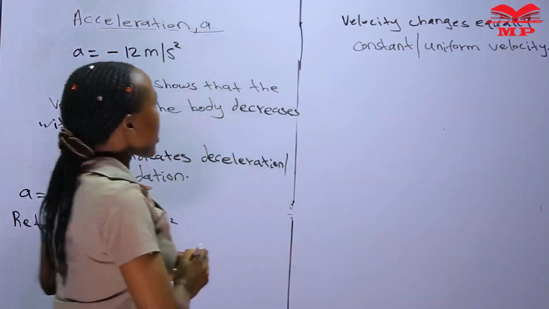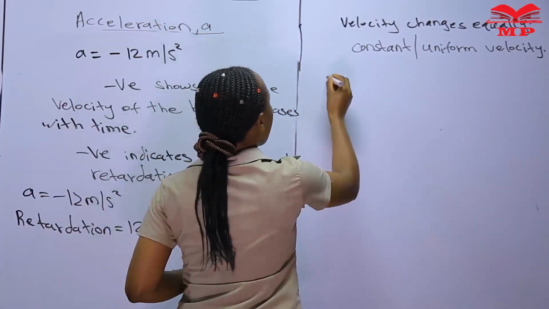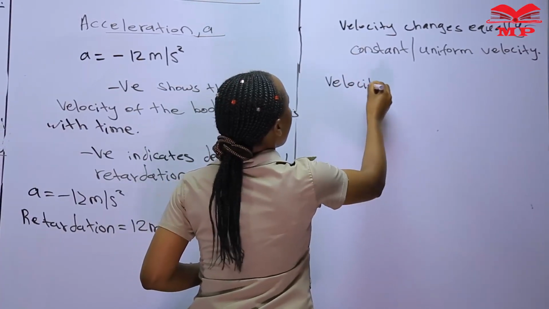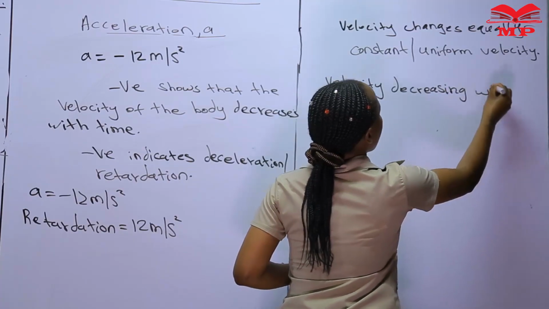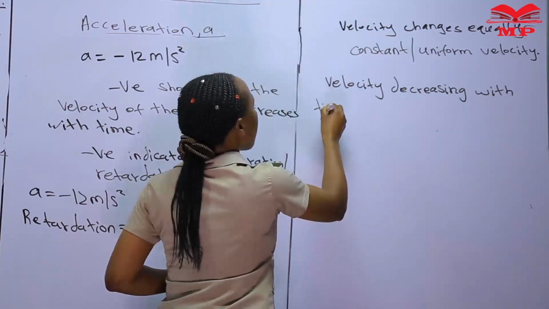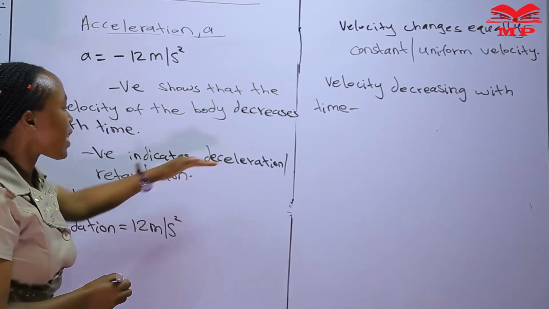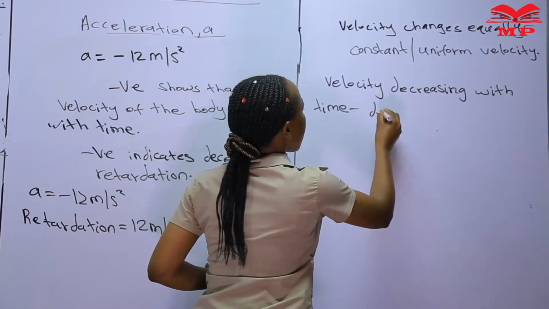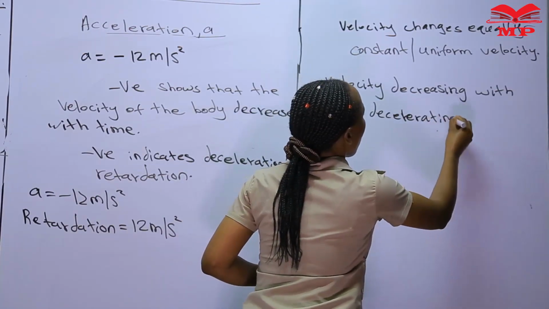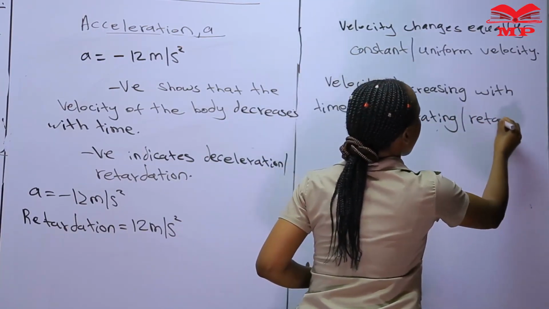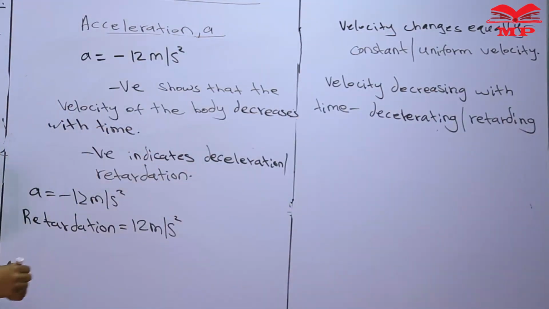And we have also seen that if the velocity of the body is decreasing with time, then the body is said to be decelerating, or simply the body is retarding.